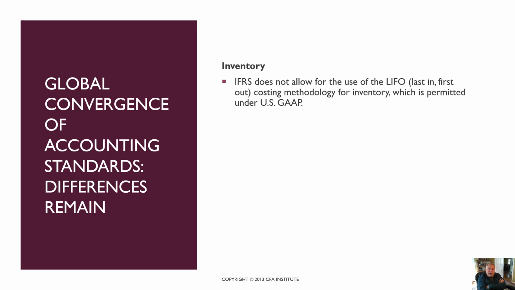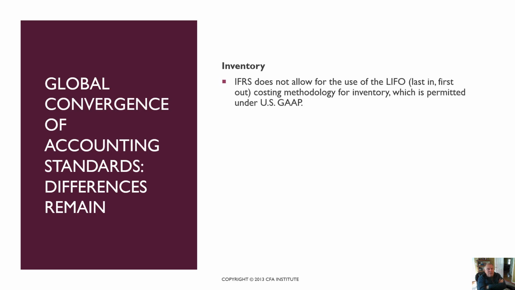When we look at the specific identification, and that's used for bigger items where it's pretty easy to figure out the cost, that could be with cars, that could be with trucks, etc. Now, with last in, first out, that would imply, if you're thinking about it, the last in is the first out, is that inventory could be understated and cost of goods overstated.